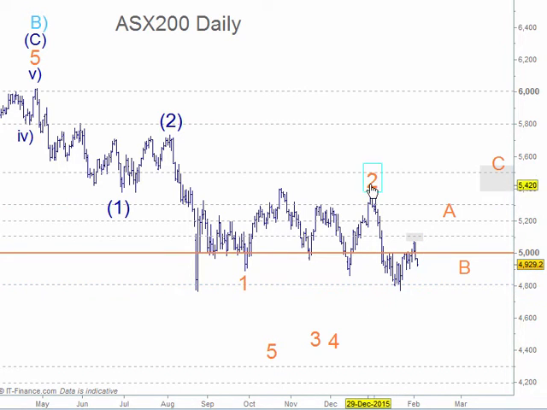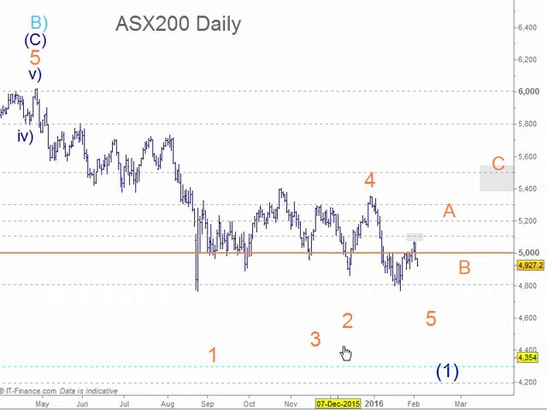So the only other way that I could sort of see this playing out here is, well, where are we here? And we've mentioned this before. So we're basically looking for 5 waves down here.